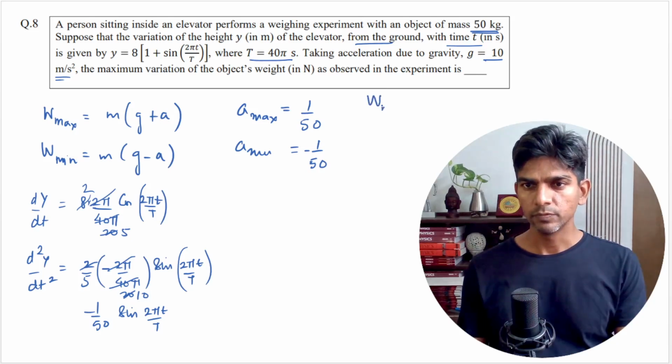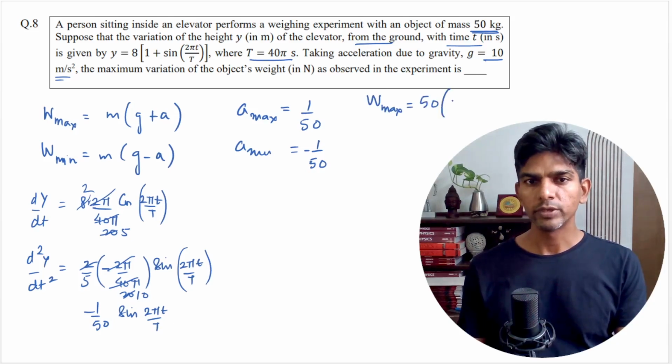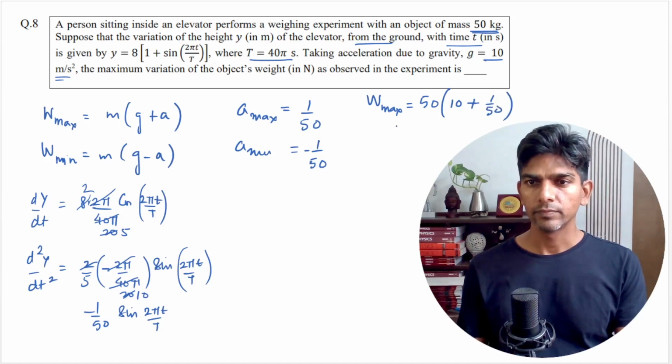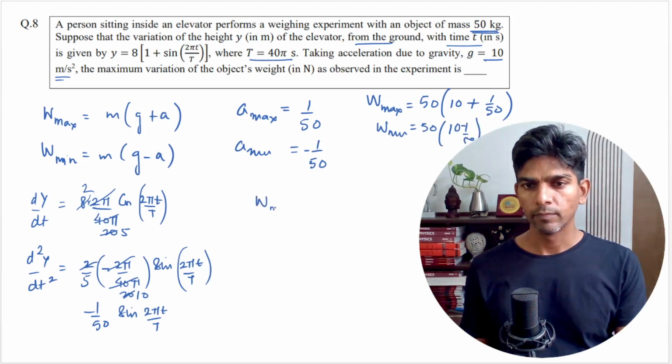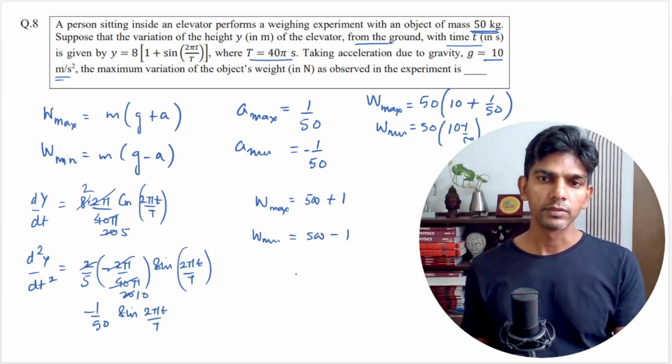So we can say maximum weight will be 50 times g, we have to take 10, plus 1 by 50, and minimum weight will be 50 times 10 minus 1 by 50. Now from this, maximum weight will be 500 plus 1, and minimum weight will be 500 minus 1.